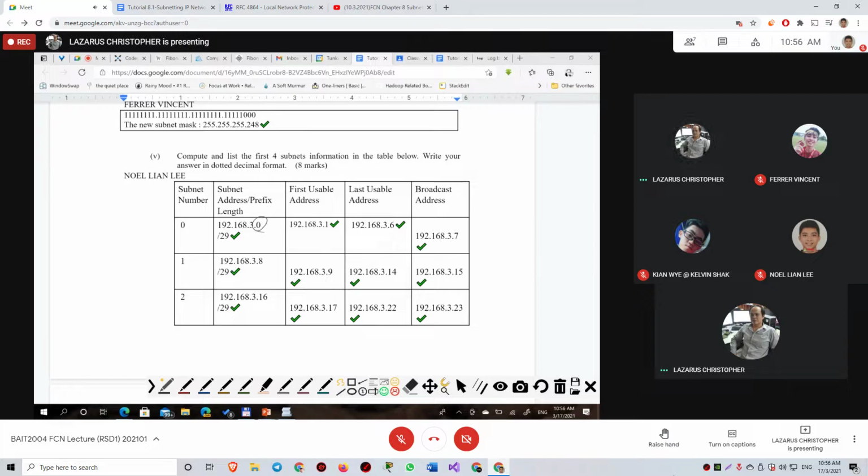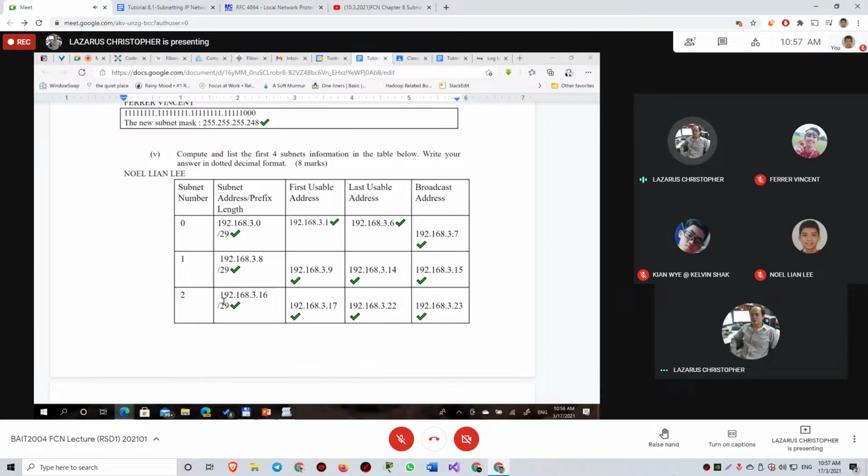The first address is the network address, which is 0. So what's the next subnet address? What was our magic number? 8. So the next subnet is plus 8 again. What's the next? 16 plus 8, so 24. So it's very important to get the subnet address first.